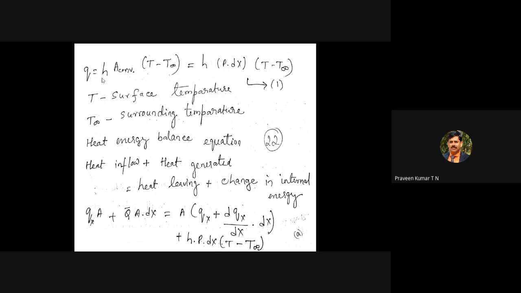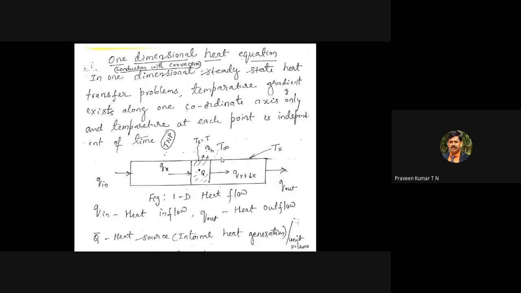One is convective heat transfer, given by h into A into (T minus T infinity). But remember, A is the convective heat transfer area, which is given by P into dx. Imagine a circular shaft or rod having perimeter P, and the thickness of the strip is dx.